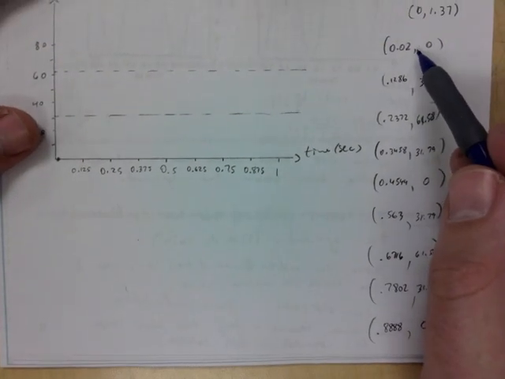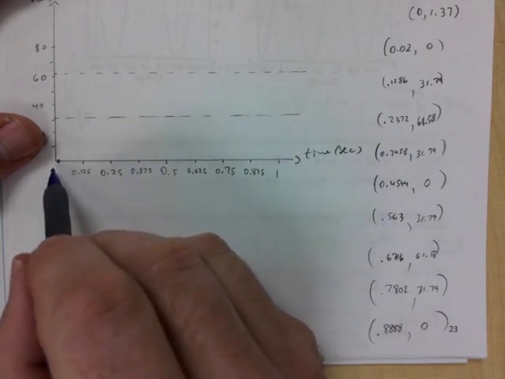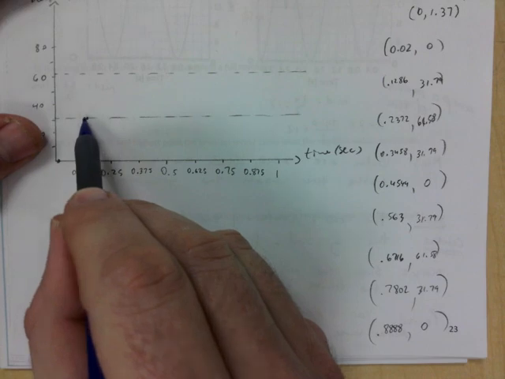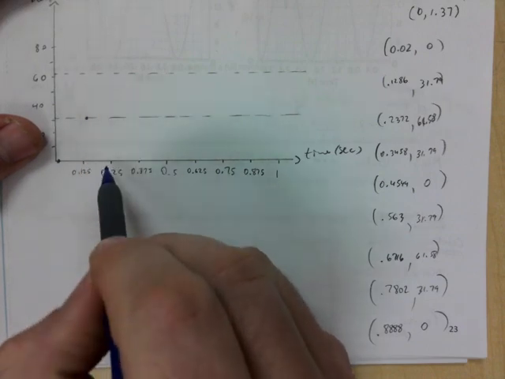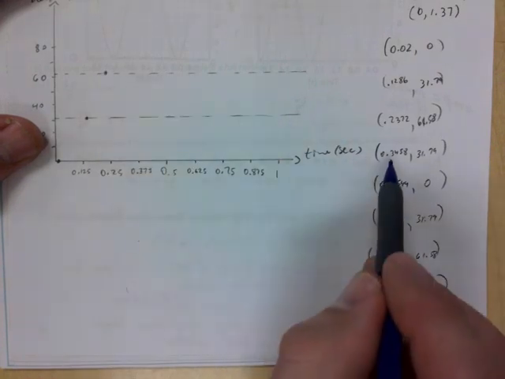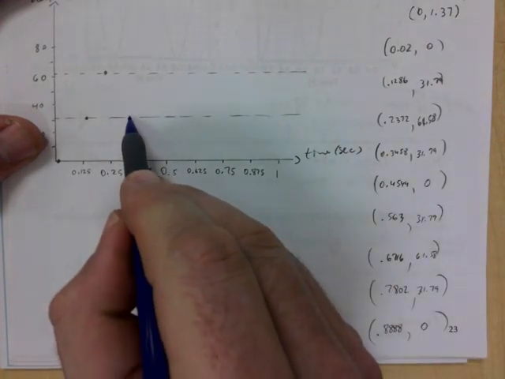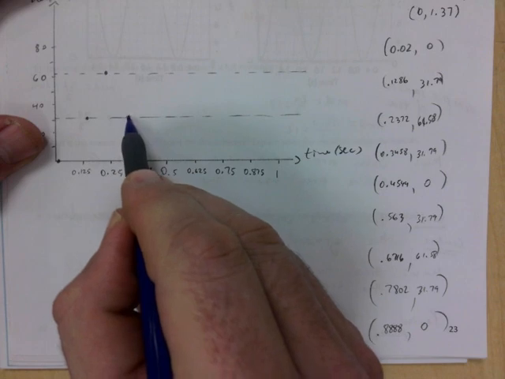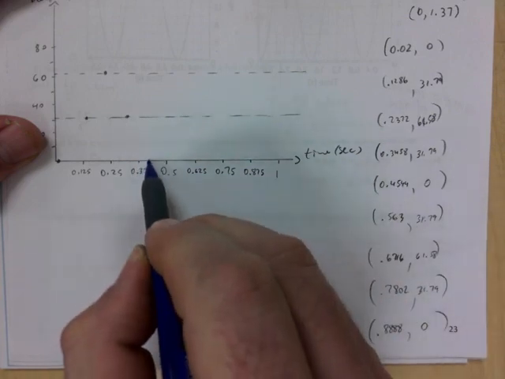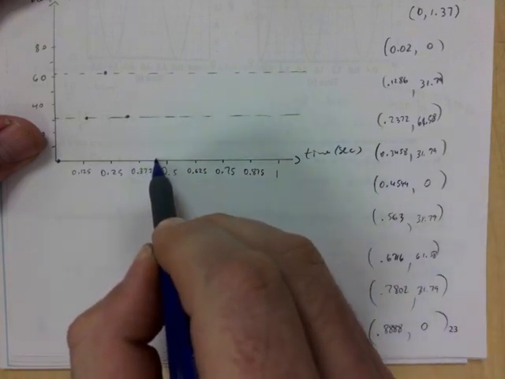So I'm just going to use this. That's my first one. Then 0.1286 is just past that. 0.23 is just short of 0.25, right? And then 0.34, that would be right about there. And then 0.4544. That'd be right about there.